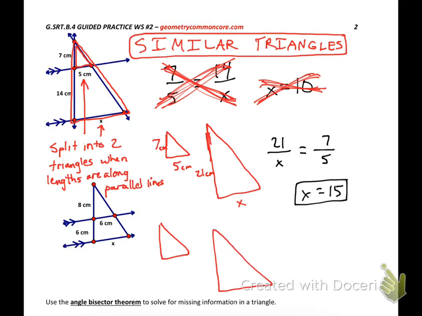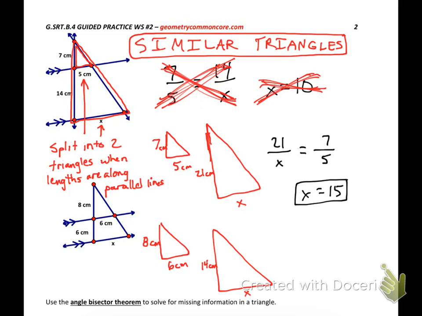So the small triangle, what's the left side? Eight. So we have 8 centimeters on the left. What about the bottom? 6 centimeters. The left side of the big triangle is 14. And the bottom is x.